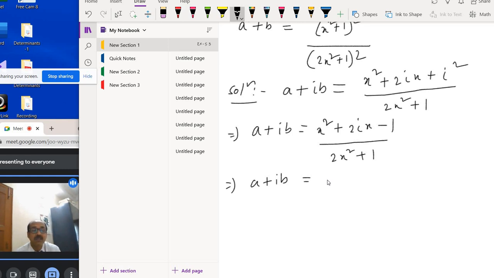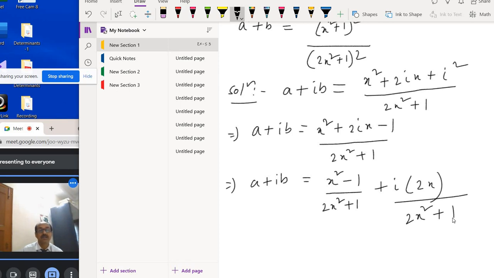So (x square minus 1) by (2x square plus 1) is the real part, plus i into 2x by (2x square plus 1).